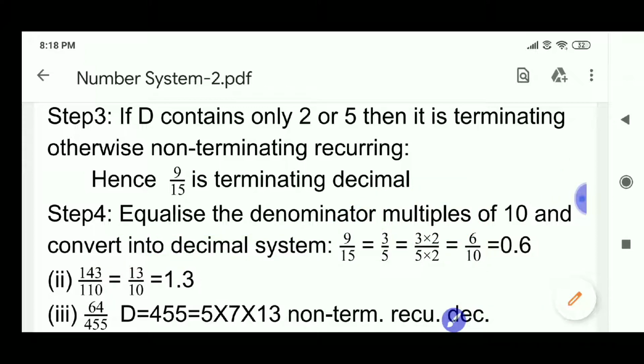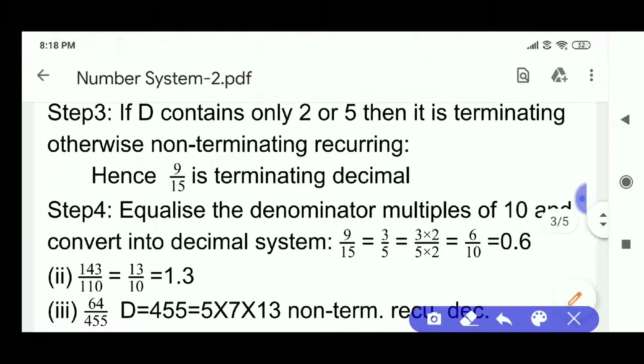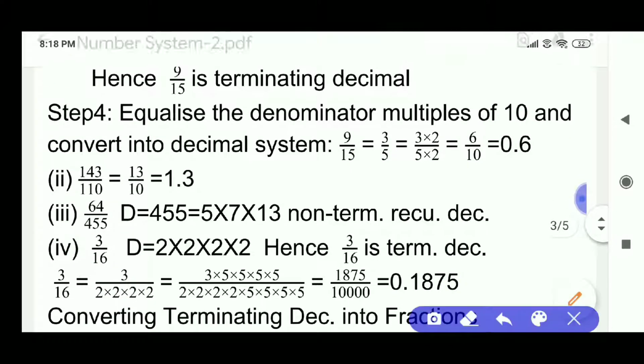After simplification, it is 3 by 5. Now we want to convert the denominator 5 into 10. How is it possible? By multiplying with 2 in both numerator and denominator. Then it becomes 6 by 10. 6 by 10 is 0.6.